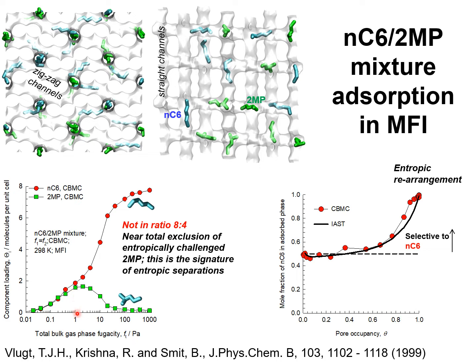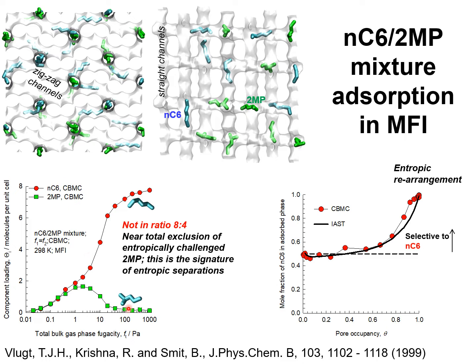But as the total gas phase fugacity increases beyond a value of 2 pascals, the component loading of 2-methylpentane decreases to virtually 0, and the component loading of normal hexane increases to a total loading of 8 molecules per unit cell that corresponds to the saturation capacity of normal hexane.